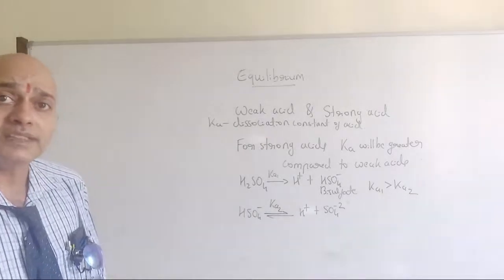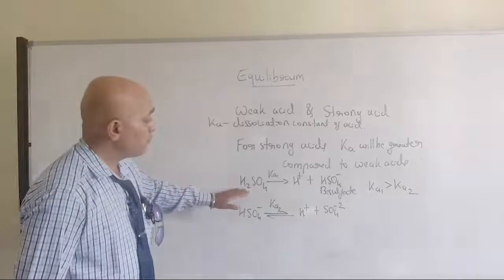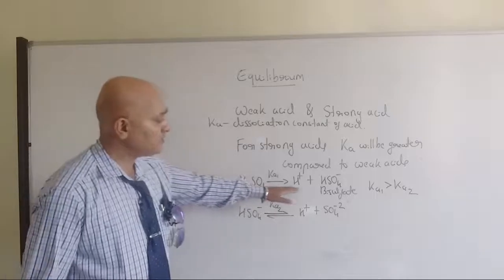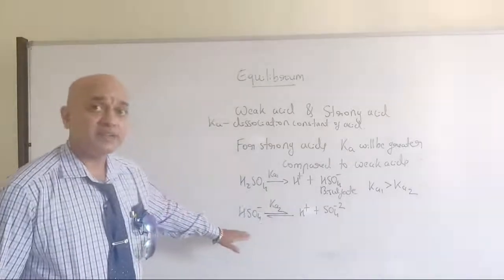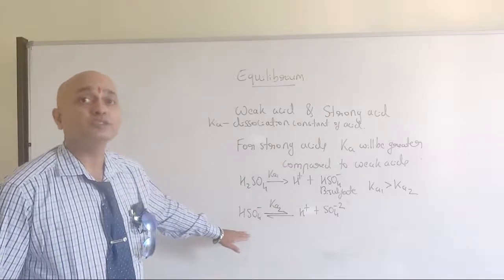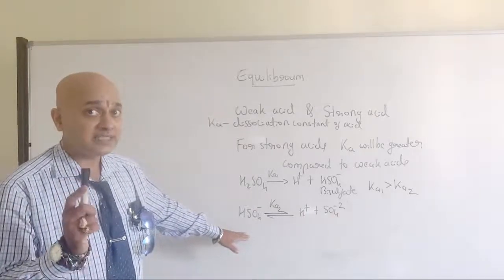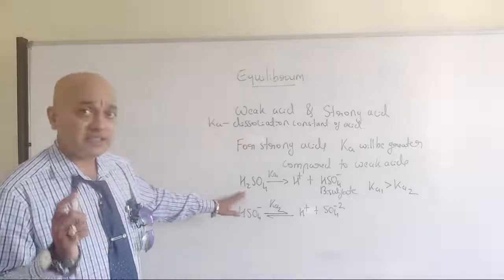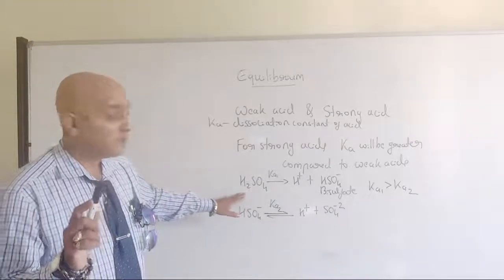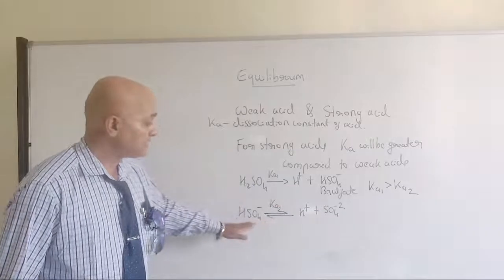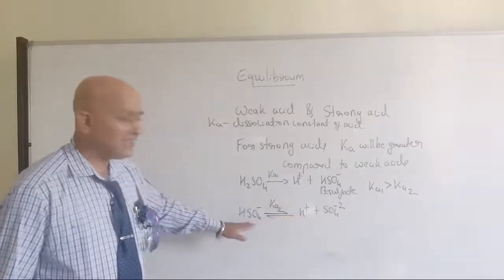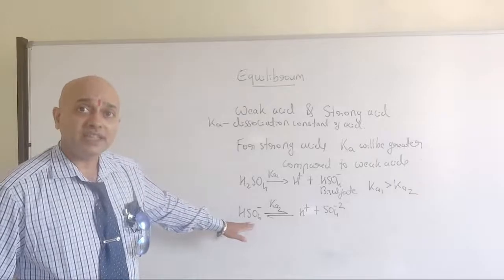So what do you mean by that? That means one H plus will be released by sulfuric acid very fast, but the second H plus will be released after some time. Slowly it's going to release. Please remember, sulfuric acid is a strong acid, no doubt, because one H plus will be released very fast. But when it comes to the second H plus, it will act as a slightly weak acid.